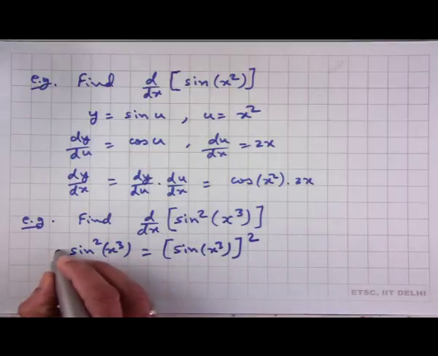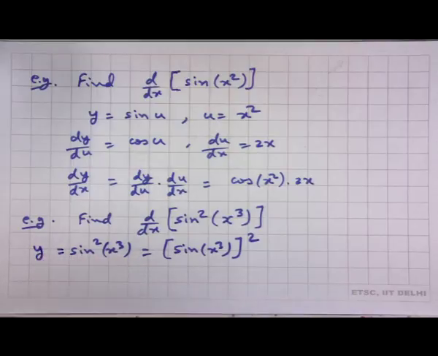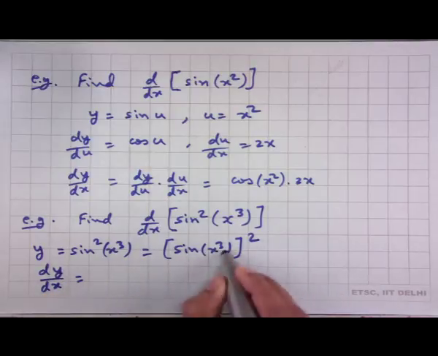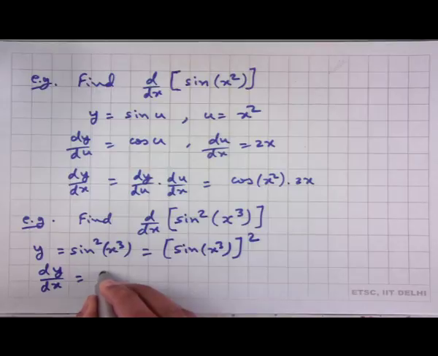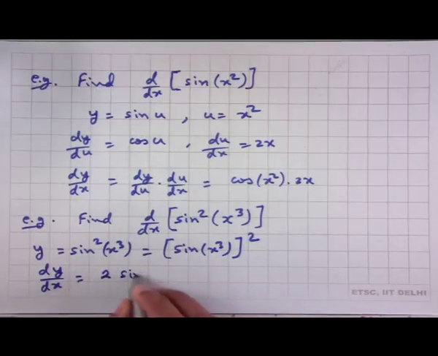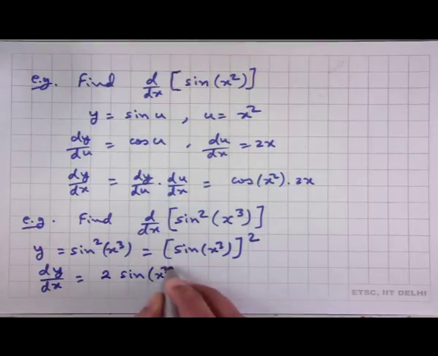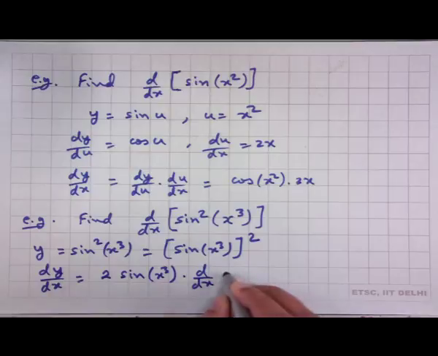This is my function y. So, dy dx: first you have this u squared, the derivative of that will give me 2 times sine of x cubed, and then we have to write the derivative of sine x cubed.